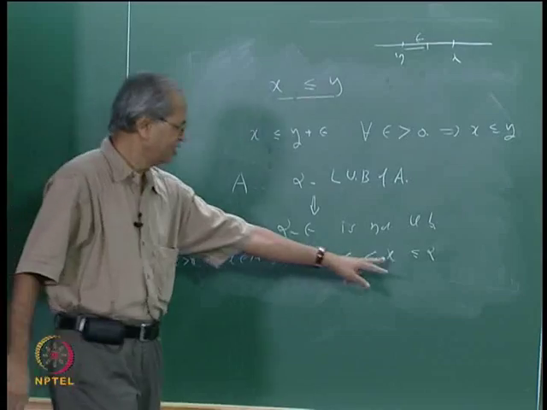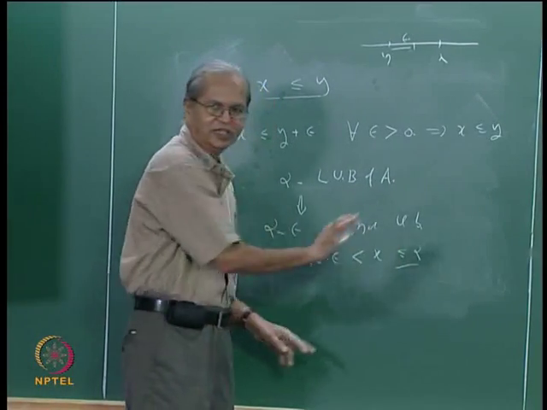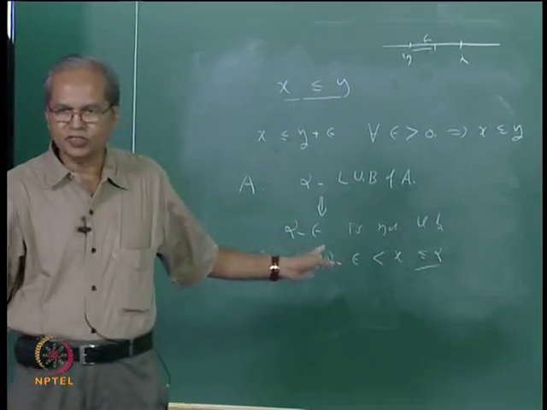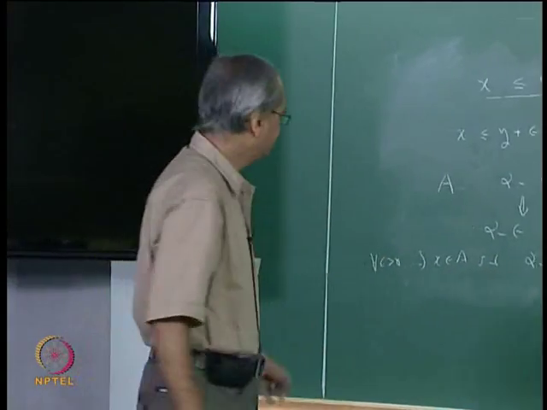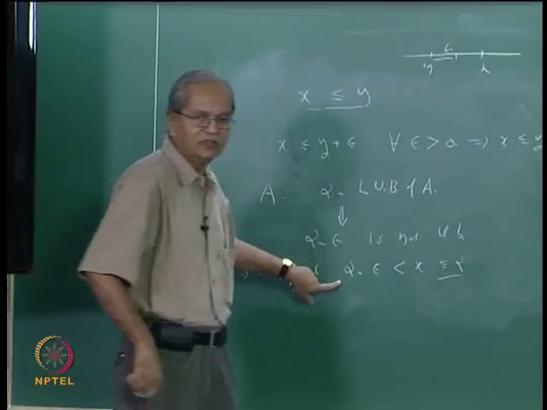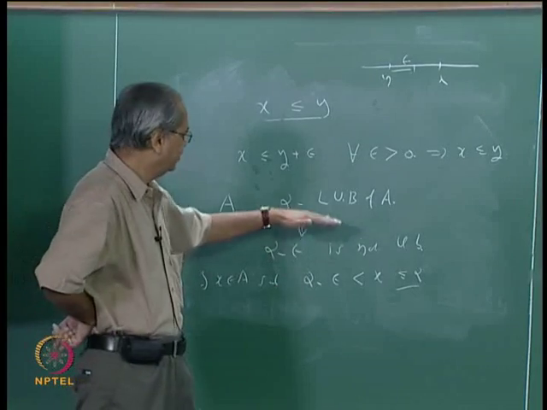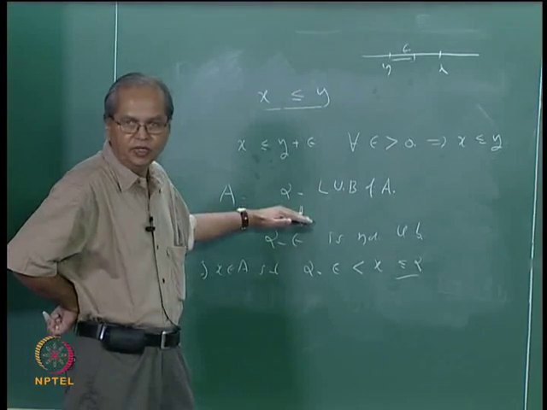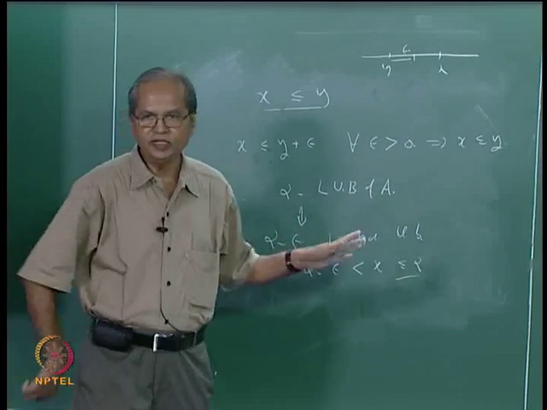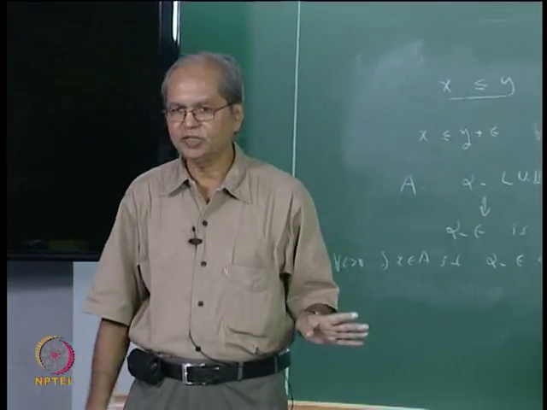In fact this part is trivial because once it is an upper bound, we are not saying anything new. But this is important, and this is what we shall be using in several proofs. If alpha is the least upper bound of A, then given any epsilon you can find some number in A which is strictly bigger than alpha minus epsilon.